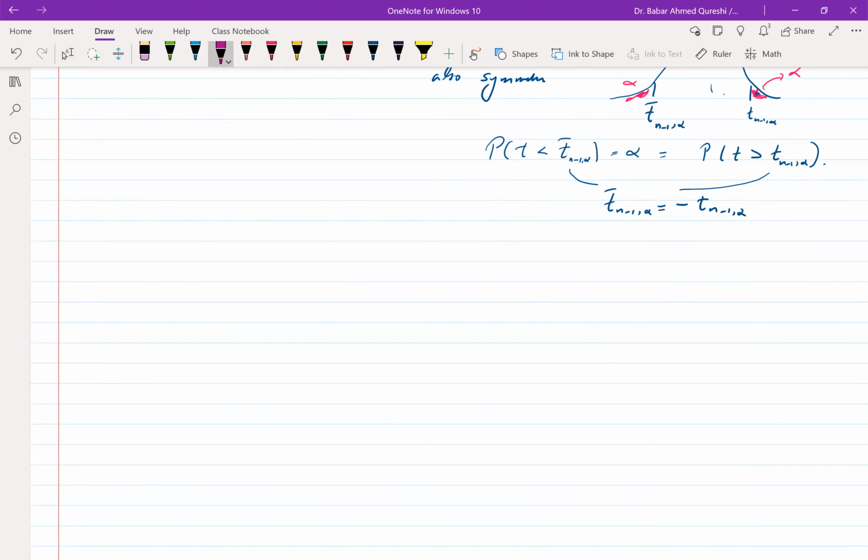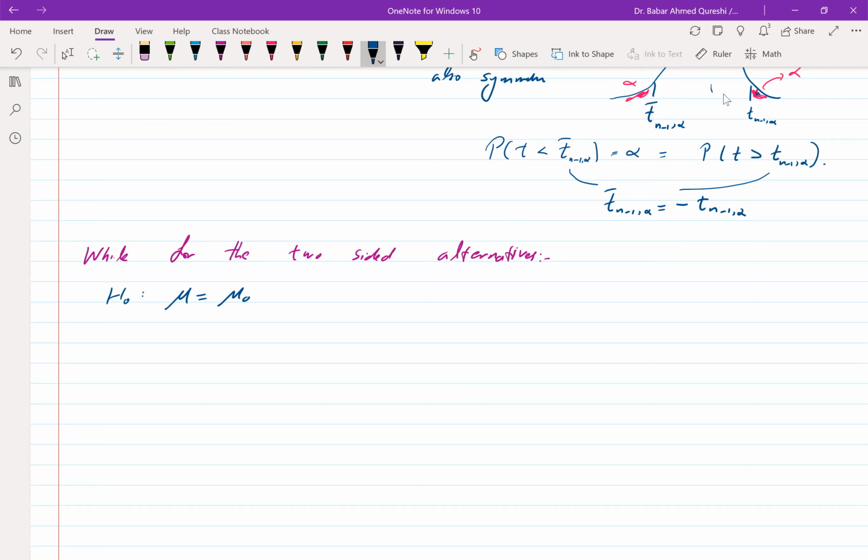So for the two-sided alternatives, if you have H naught, that mu is a particular value, and you fail the test if you are getting a number bigger than this or smaller than this. So you have a two-sided alternative, which you just write as mu is not equal to mu naught.